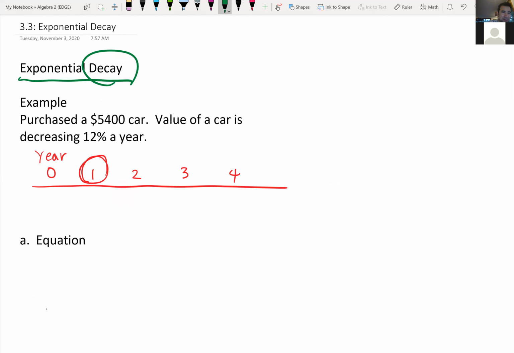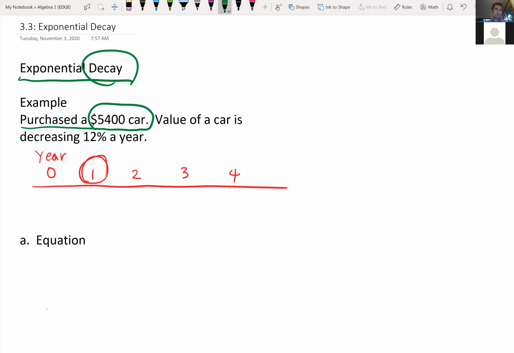Well, here's an example. Let's use the car. 99% of the cars that we all purchase will go down in value. Or what else can you think of that goes down in value? Pretty much everything that you consume, everything that you buy, right?